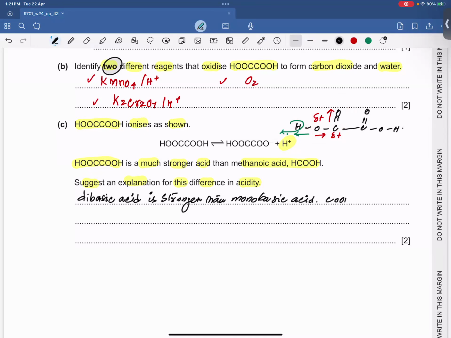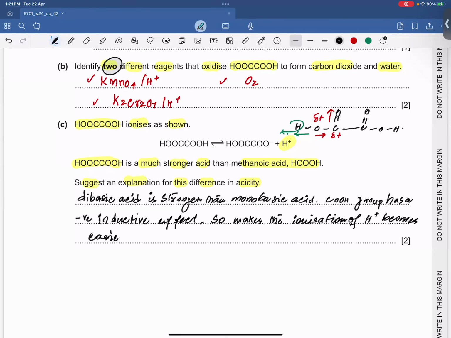So the COOH group has a negative inductive effect. So this makes the ionization of the hydrogen ion easier.